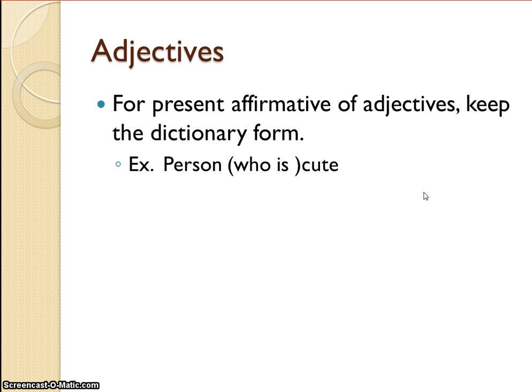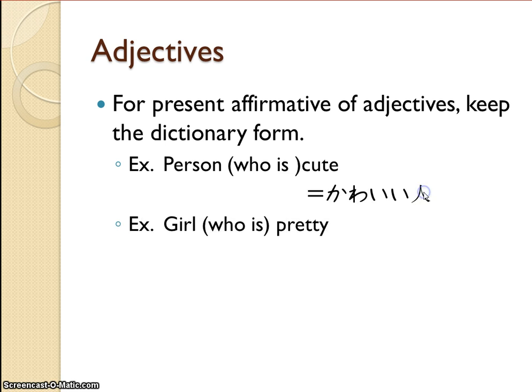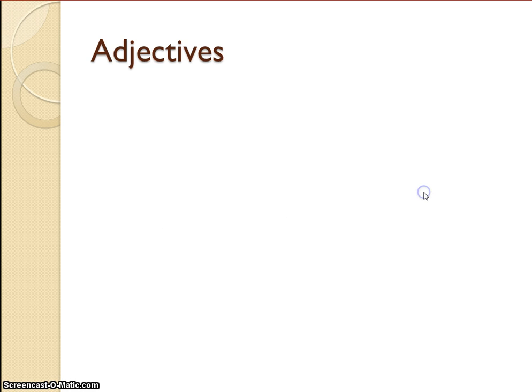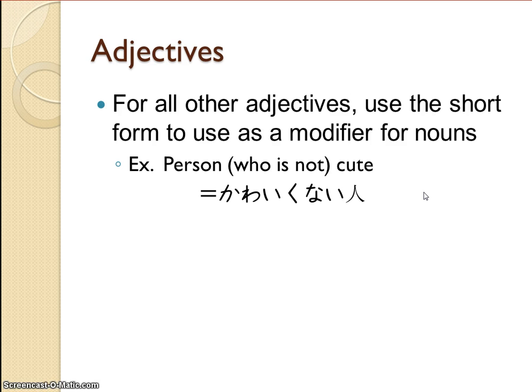Now for adjectives, here's how you use them. Like I said, you use a dictionary form. In other words, other adjectives you would modify using short form. So you can use present affirmative, present negative, past affirmative and past negative.